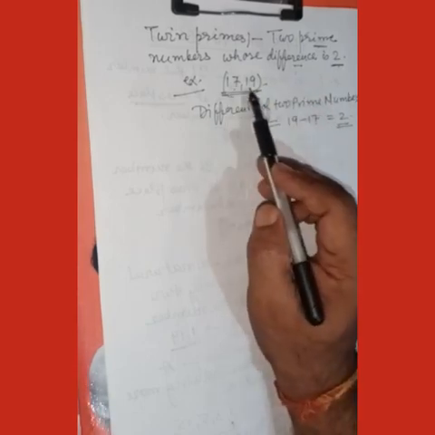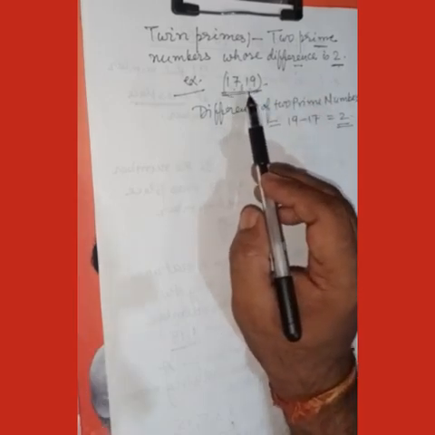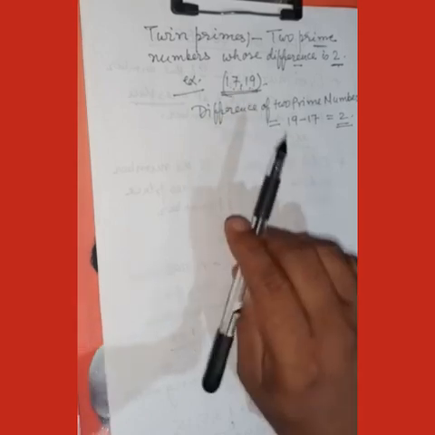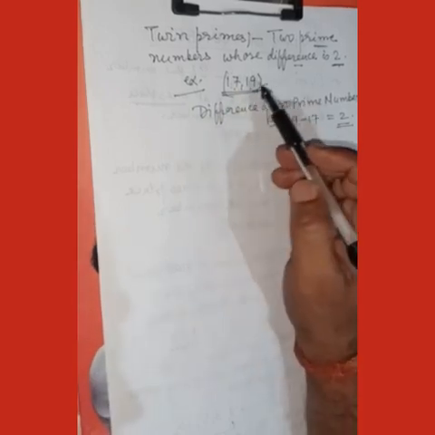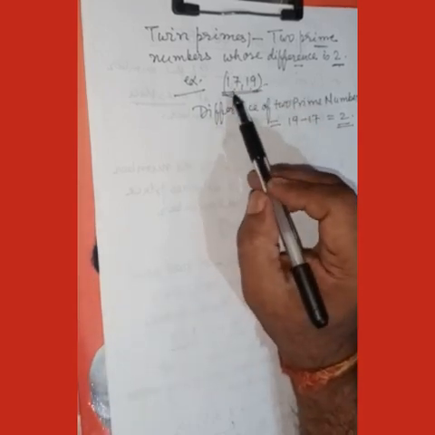Here it came 2, so we can say 17 and 19 are prime numbers, and the difference 2 it came, so we can say 17 and 19 are twin prime numbers.